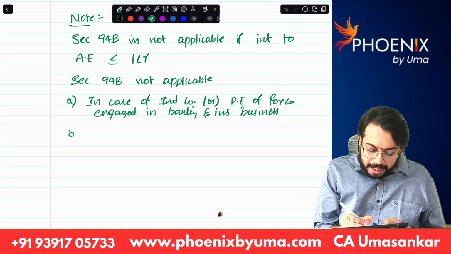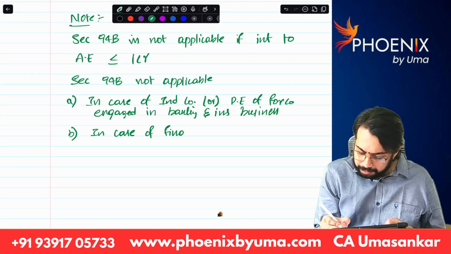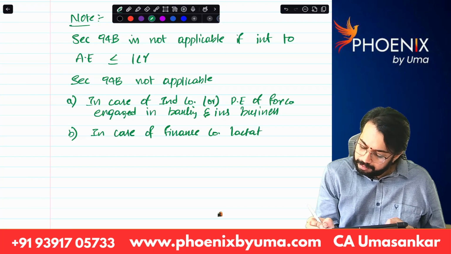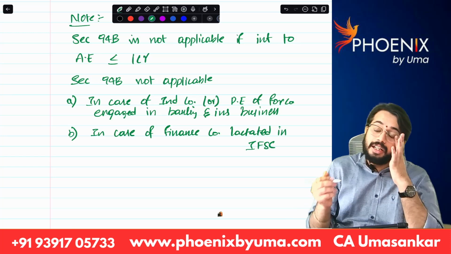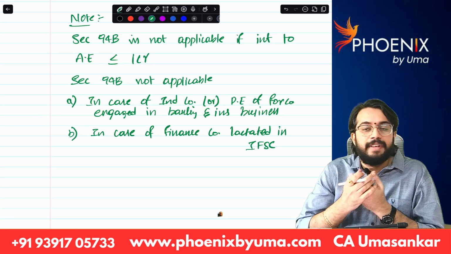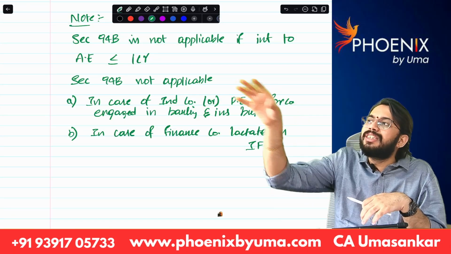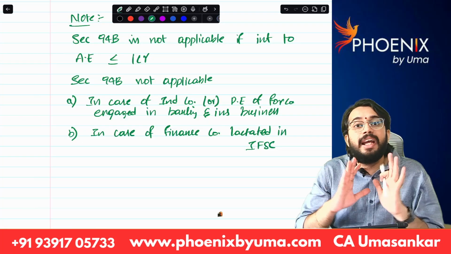Section 94B is not applicable in case of finance company located in IFSC, International Financial Service Center. See, you know IFSC, right? International Financial Service Center. So any company located in IFSC, it has taken loan from its associated enterprise, then this formula is not applicable.